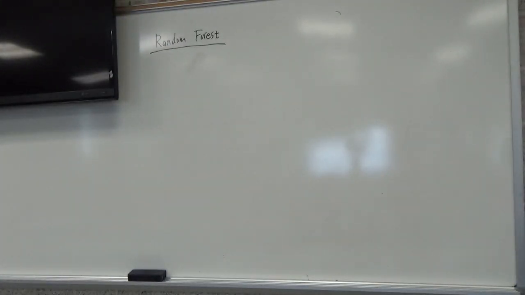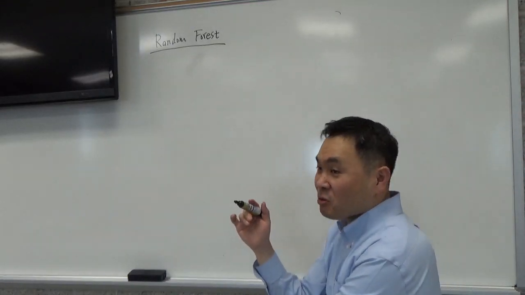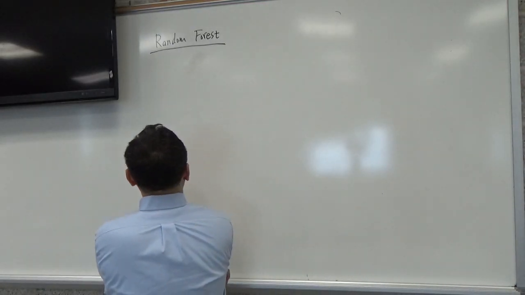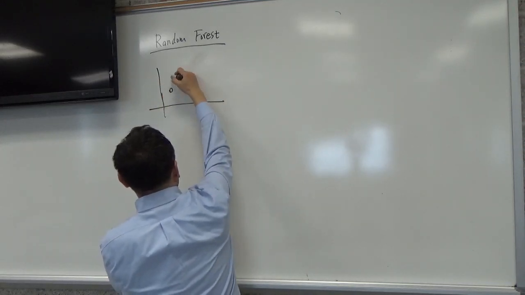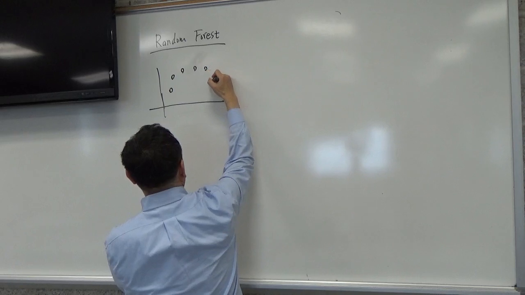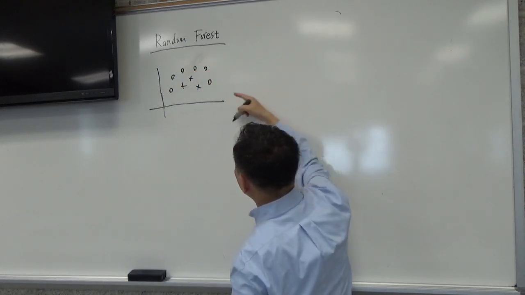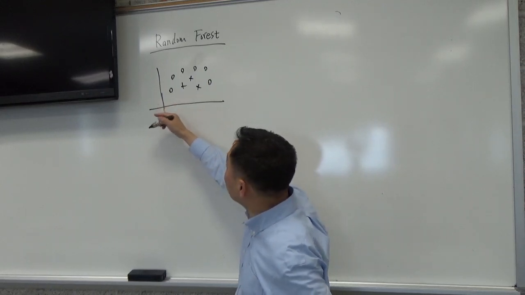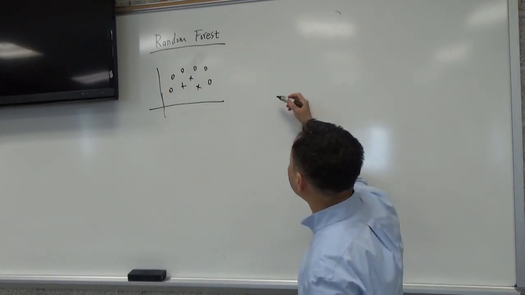And a way to do that is called random forest. So let me try to explain what it is. Let's start with similar. I shouldn't have erased this. Let's say you have these data points, this time 9 points, just to make it simple.